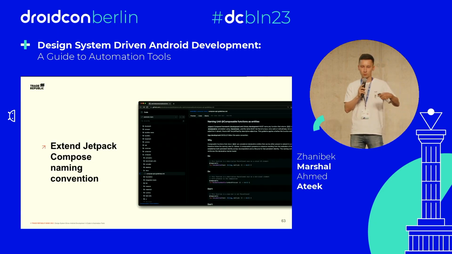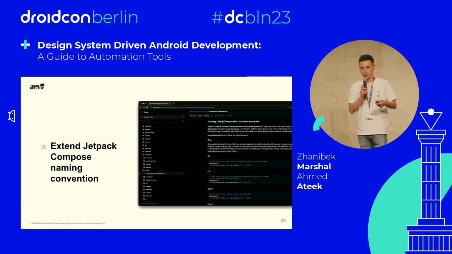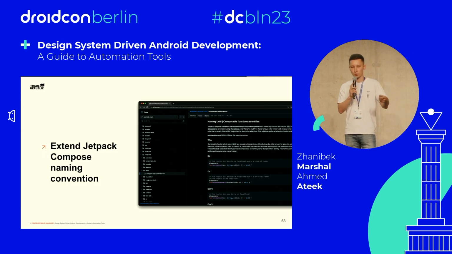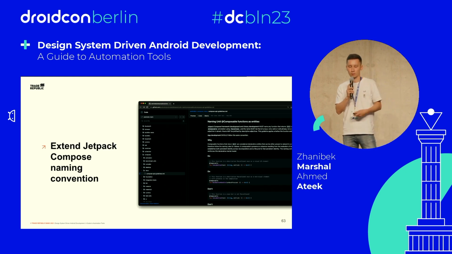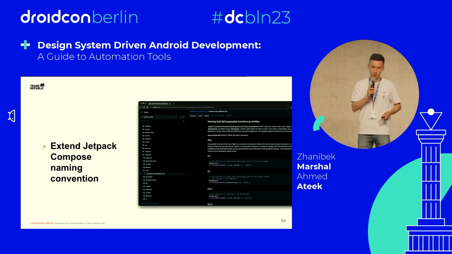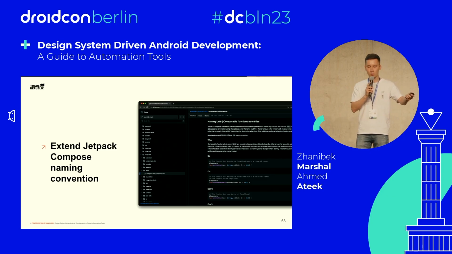Because it takes a lot of time to just look at the code during the pull request. So what we have done is that we tried our Android guild to discuss how we want the code for Jetpack Compose in general to look, and we decided that we're going to be following the Jetpack common convention that is available on the GitHub repository from Google. So we have extended those do's and don'ts for Jetpack Compose.